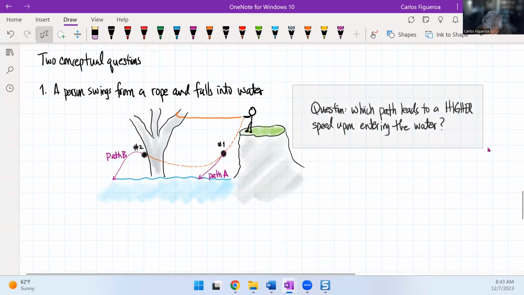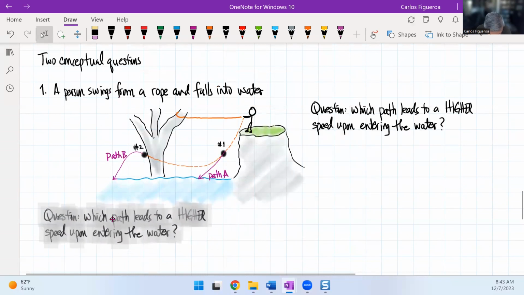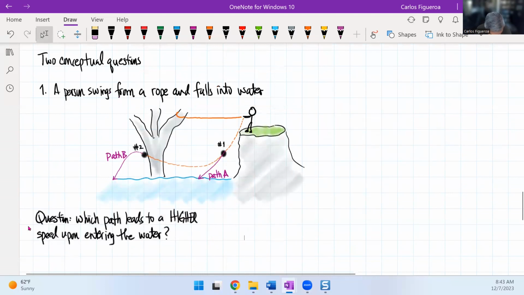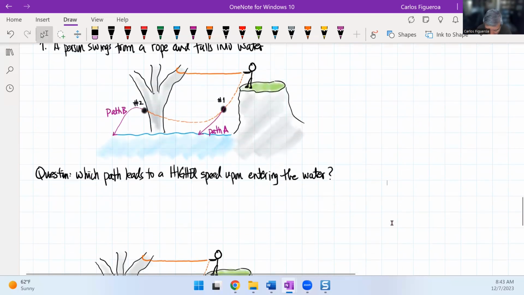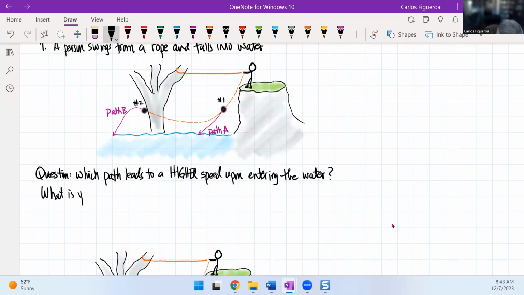Maybe I should bring this over here to spread things out a little better. The first thing we have to do is choose our system. So what is your system?